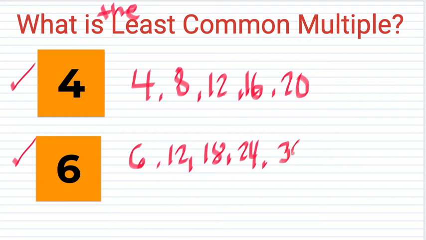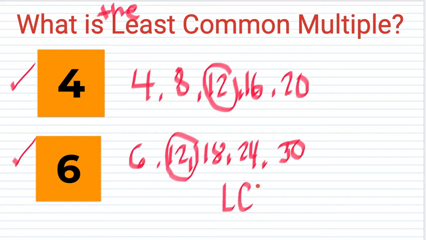Now take a look, is there any common number? Yes, there is, and that number is 12. So therefore, we can say that the LCM or the least common multiple of 4 and 6 is 12.